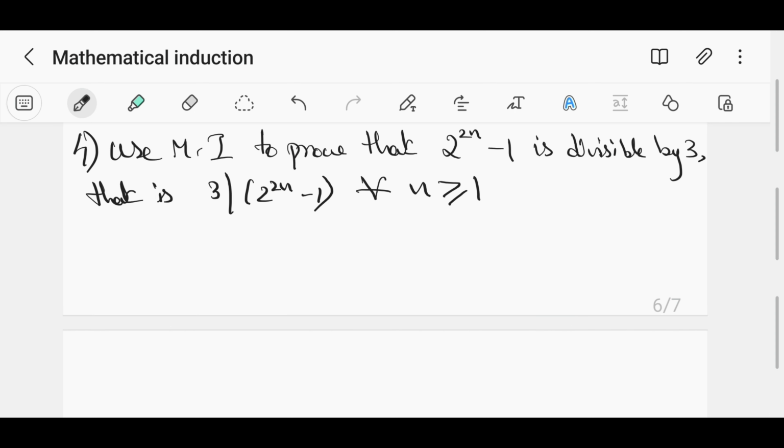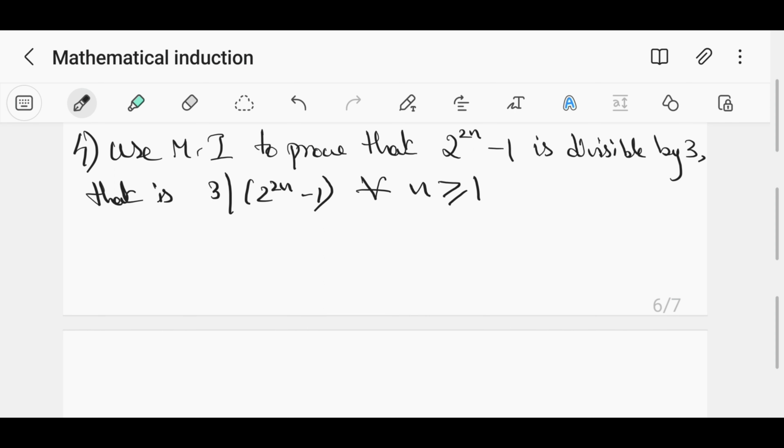Step 3, we will use step 2 to prove S of k plus 1 is true. Once we prove step 1, step 2 and step 3, we can say that S of n is true for all n greater than or equal to 1. That is what we are going to do here.